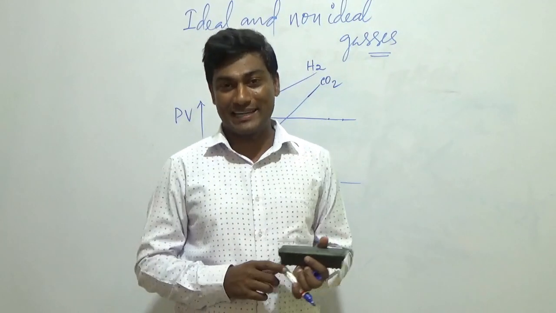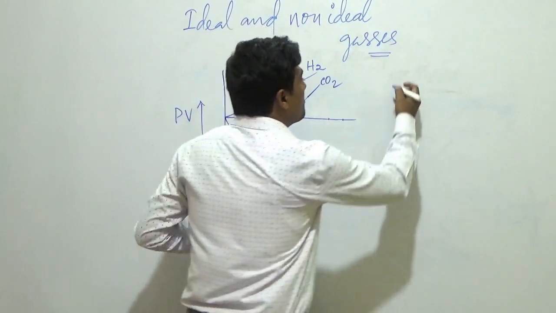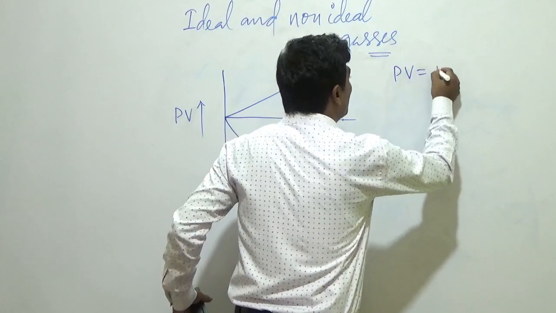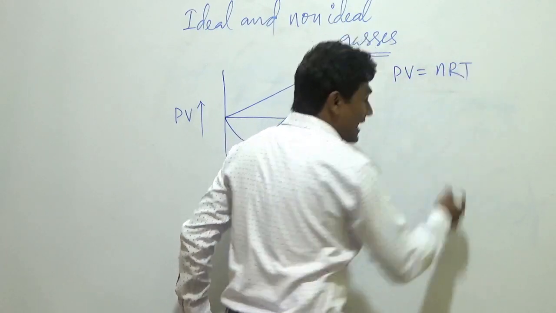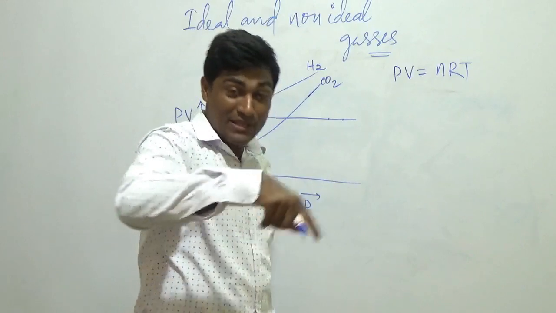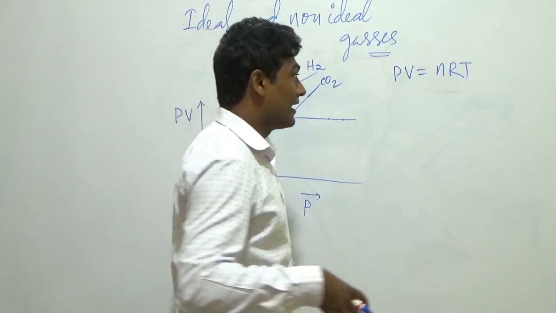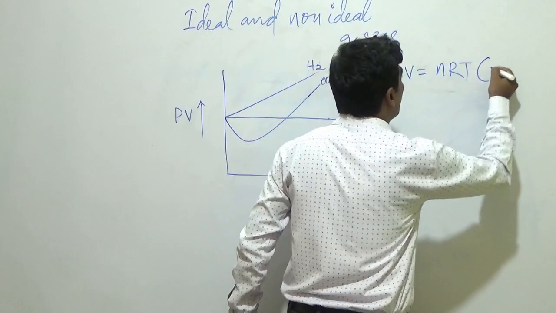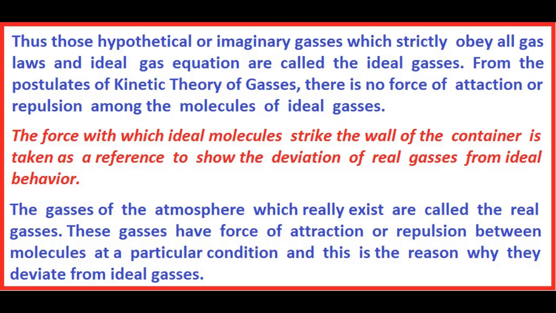We have another very important gas equation known as the ideal gas equation. We all know that, okay? That is PV is equal to nRT, and the name is the ideal gas equation. That means this equation is for ideal gas.